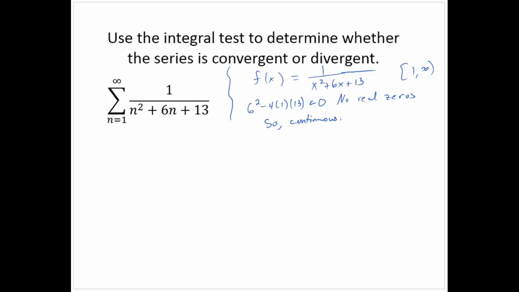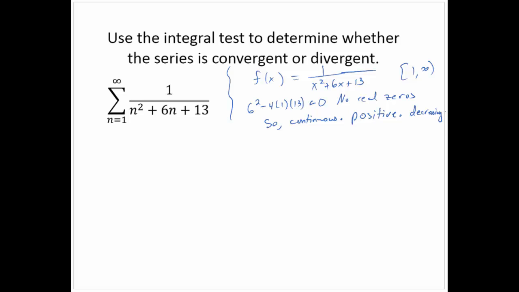All the terms are positive, so it's certainly positive. Is it decreasing? Well, if x is greater than or equal to 1, x squared and 6x will both be increasing, so the denominator will be getting larger, and so the fraction will be getting smaller. So yes, it is decreasing.